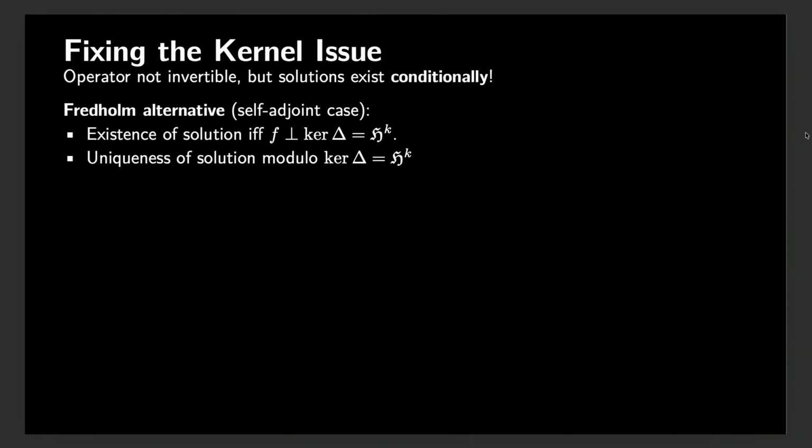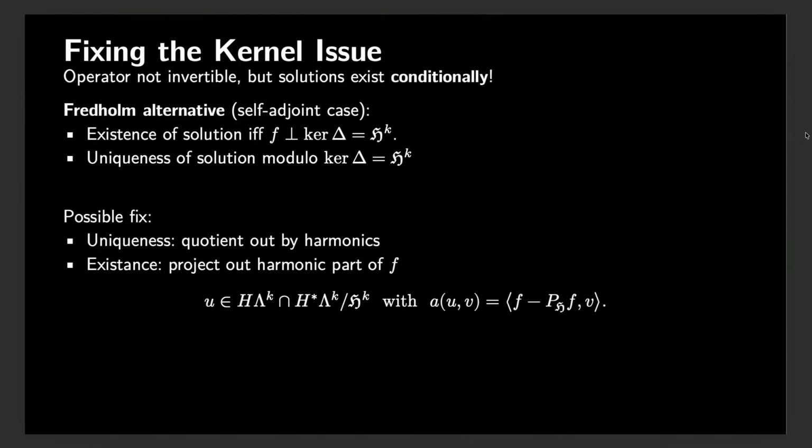Now, to fix this kernel issue, we invoke the Fredholm alternative, which tells us that existence of the solution is given if and only if our source term f is orthogonal to the kernel of the Hodge-Laplacian, so to the harmonic forms. And the uniqueness is only given up to the harmonic forms.